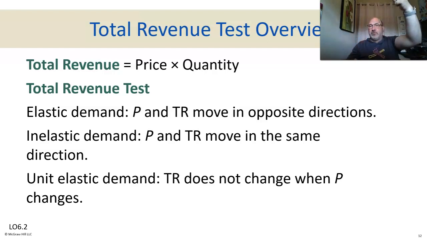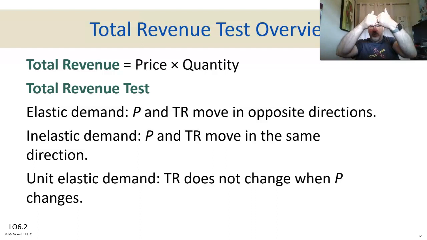If, however, you move them in opposite directions, there is stretching. It is elastic. So if you think of one thumb as price and one thumb as total revenue, if they move in the same direction, there's no elasticity, it is inelastic. If you move them in opposite directions and it stretches, it is elastic. So that is how that goes.